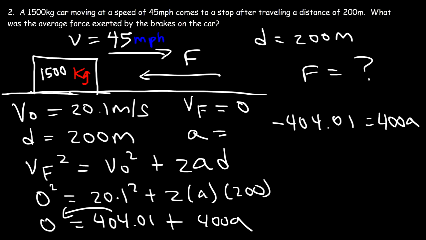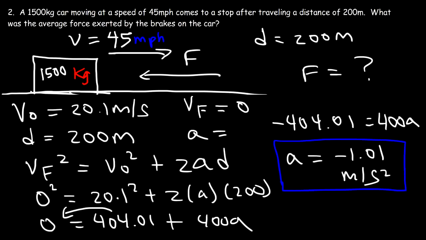So if we divide both sides by 400, you'll see that the acceleration is negative 1.01 meters per second squared. Now the reason why it's negative is because the object is slowing down. The force is directed towards the left, so the acceleration is also directed towards the left, and that's why we have a negative value.